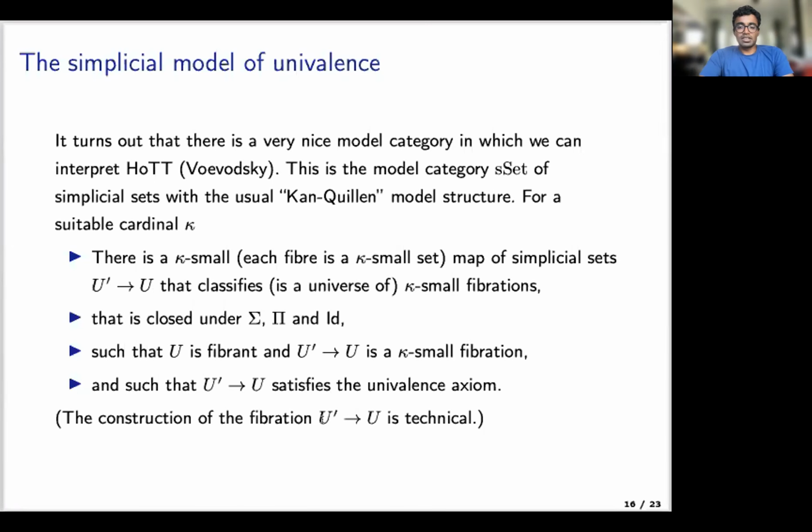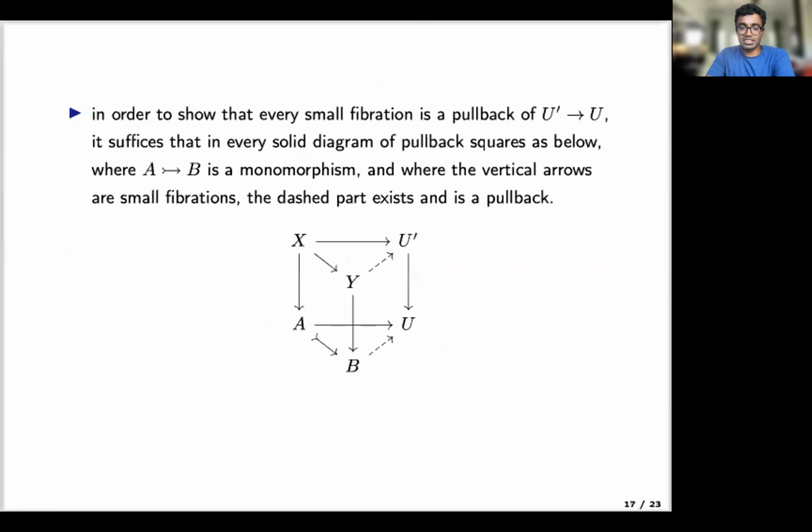All right, so I won't talk about the construction of this fibration. Constructing this is somewhat technical. It uses some stuff about well orderings that basically is due to the fact that we're working in presheaves of sets. But it is a fibration, and it does classify kappa-small fibrations with some well orderings involved.